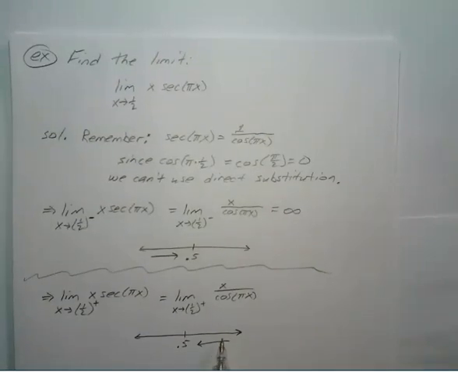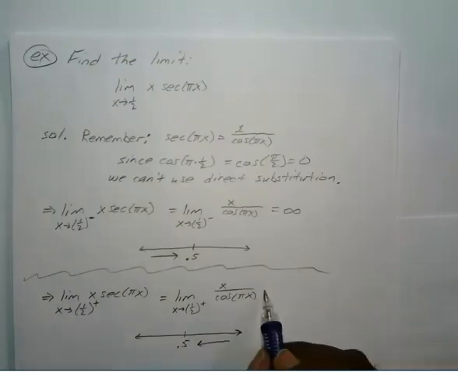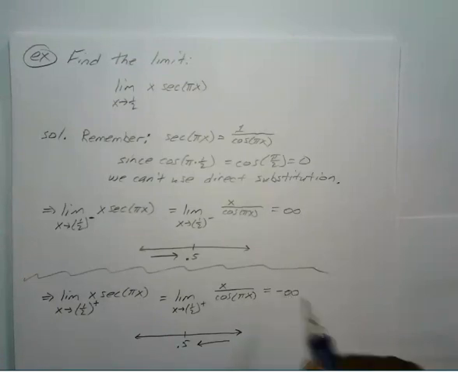Okay, so we can say 0.51, 0.501, 0.5001, 0.50001. We can get closer and closer to 0.5 from the right. Now if you do that, creating the table, you'll see it gets smaller and smaller. So it approaches negative infinity.